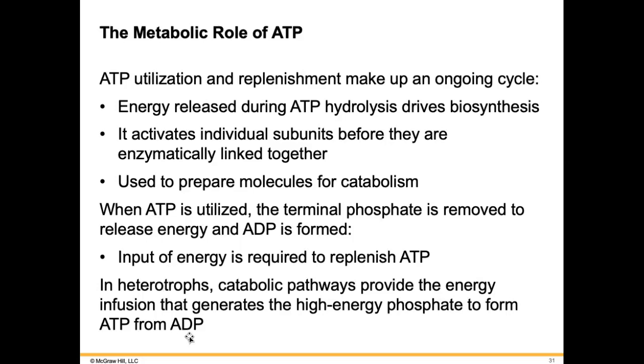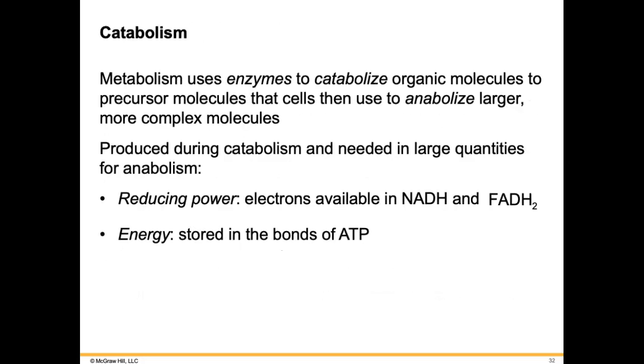In heterotrophs, the catabolic pathways provide the energy infusion that generates the high energy phosphate to form ATP from ADP. And I know this is confusing, so just bear with me here. We're just kind of putting the rug down underneath the whole process that's happening later on down the line. So I'm going to stop here, and then I'll pick up on more of this in part 5.